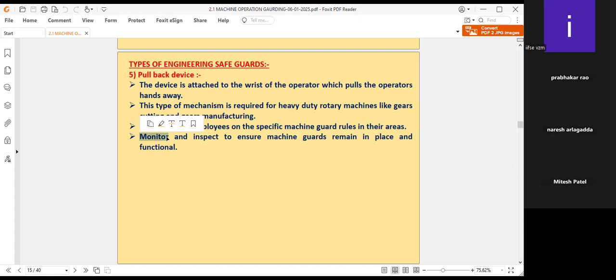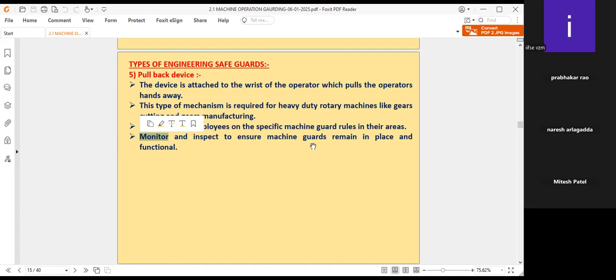If there are any backlogs, you have to catch them during inspection and make sure that machine guards remain in place and functional. Remaining in place means that without the guard, the machine cannot be used. That is what is meant by guards remaining in place. Functional means the guard will not be in a damaged position.